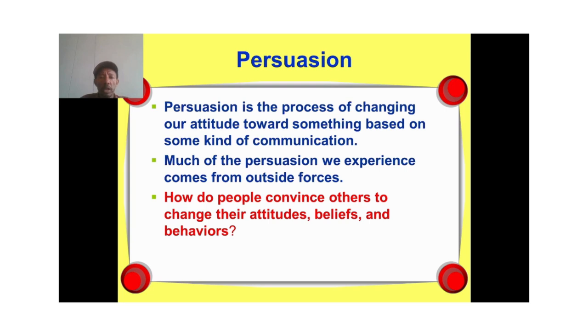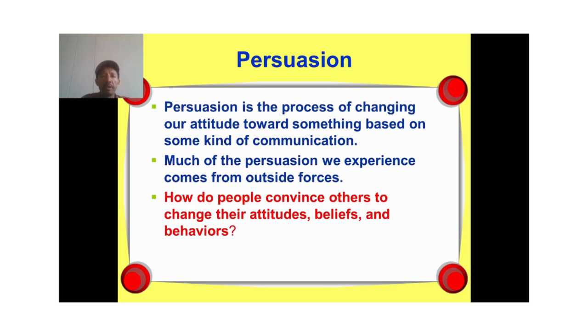So the main goal of why do we learn about persuasion? This is the main question in social psychology. How do people convince others to change their behavior, their beliefs, their emotions?